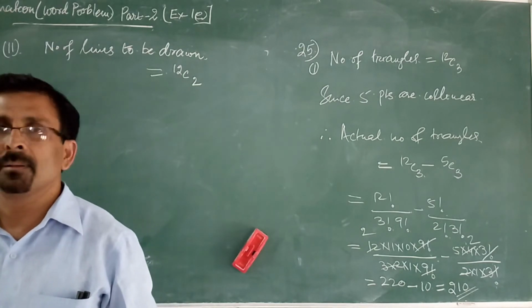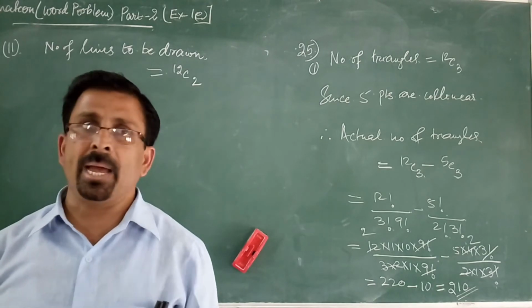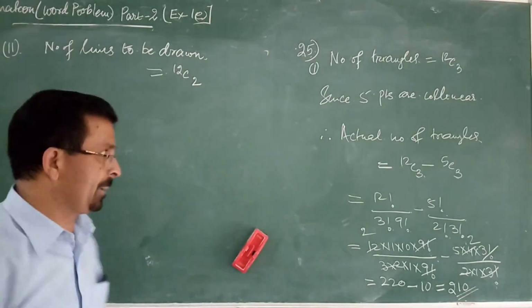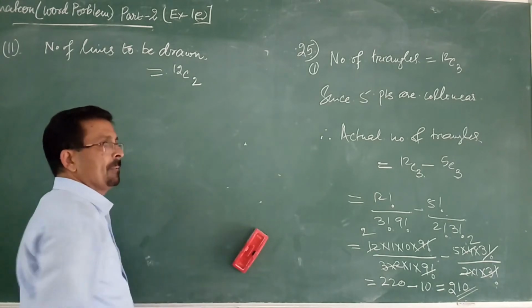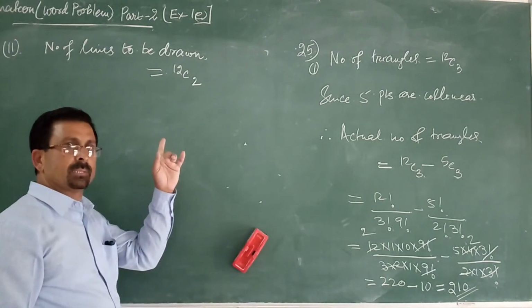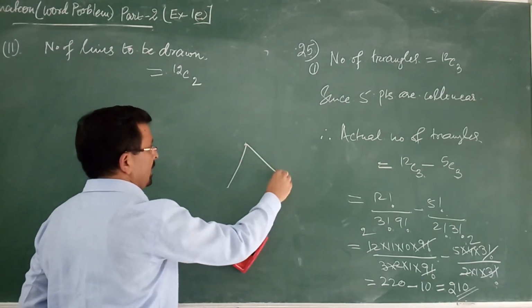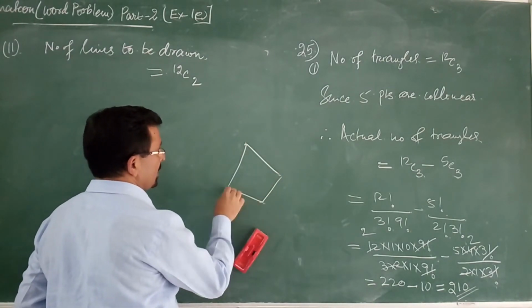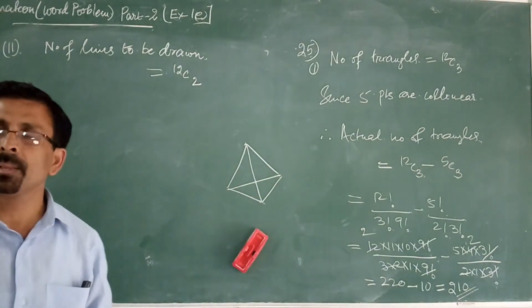If the points are all non-collinear, then we can have this many lines. Maybe if one point is here, one point is here, one point is here, one point is here, then we are able to join and get that many lines. This is also a line, this also is a line, all these are lines, right?